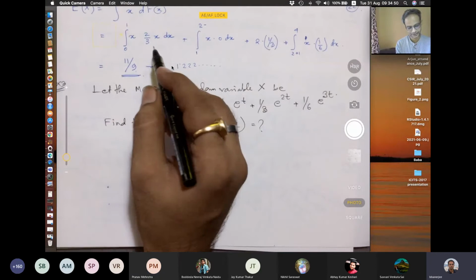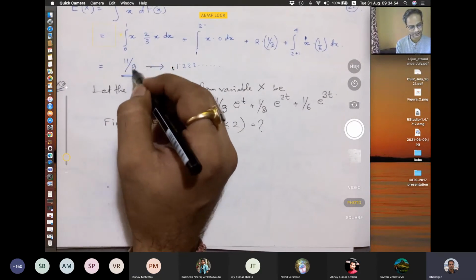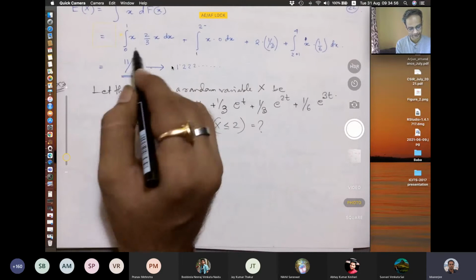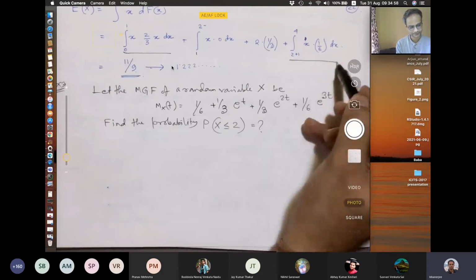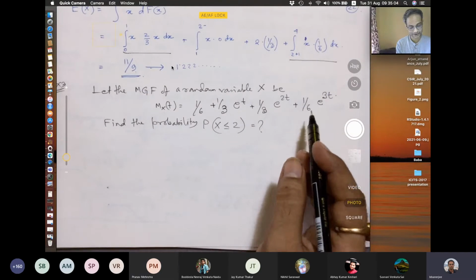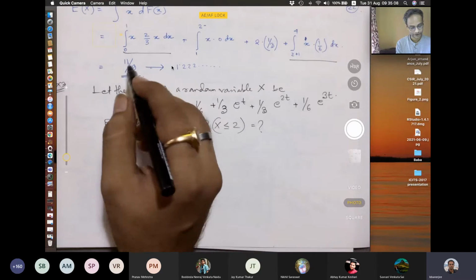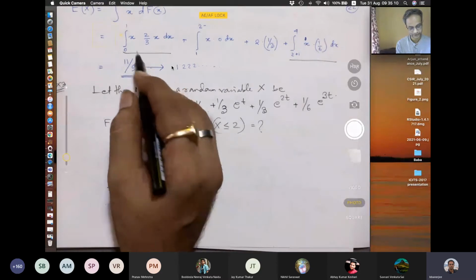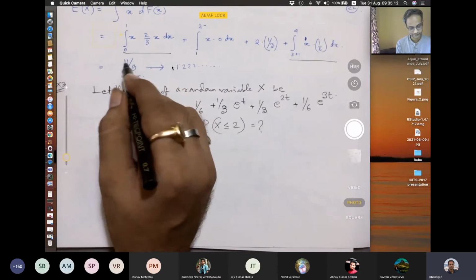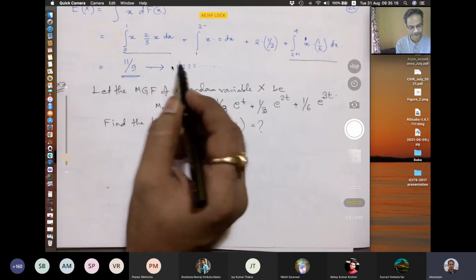This is a pretty simple thing. Is 11 by 9 coming only from these two parts? I have not checked it. Okay, then let us make it correct. Whoever has got 11 by 9, please cross check and tell me.